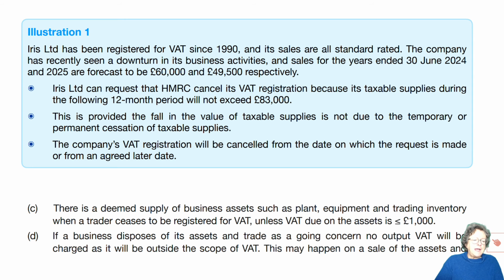Iris Limited can request that HMRC cancel its VAT registration because its taxable supplies during the following 12 months will not exceed 83,000. This is provided the fall in the value of supplies is not due to a temporary or a permanent cessation, and the VAT registration will be cancelled from the date that the request is made or an agreed later date.